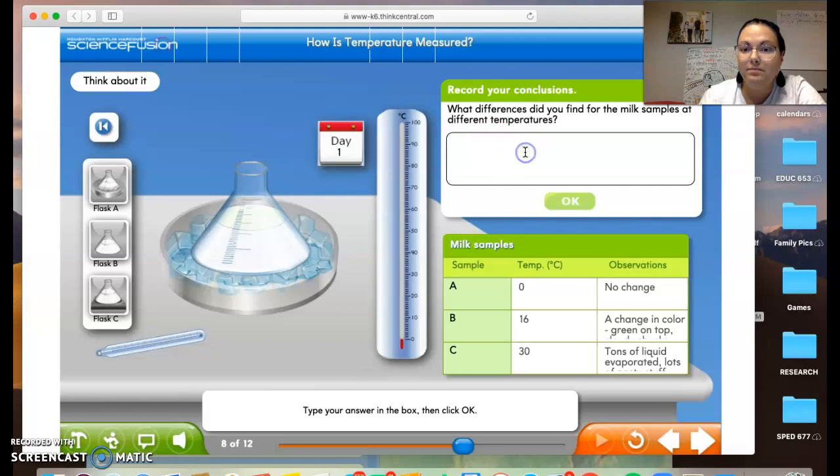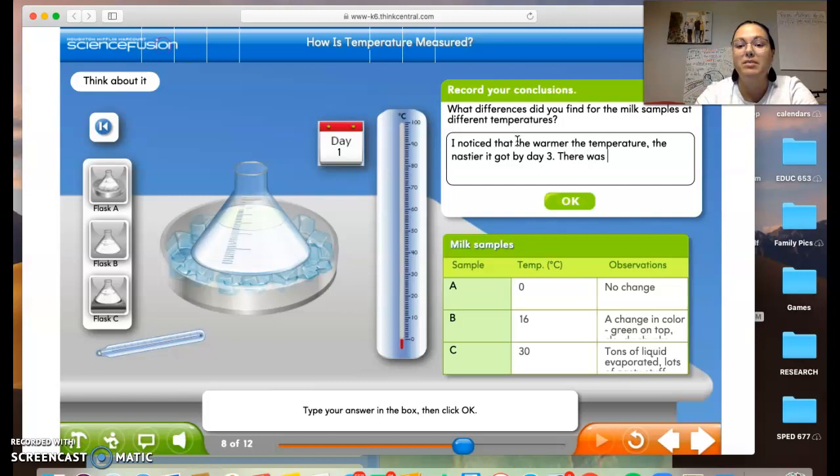Okay, let's see. I noticed that the warmer the temperature, the nastier it got by day 3.